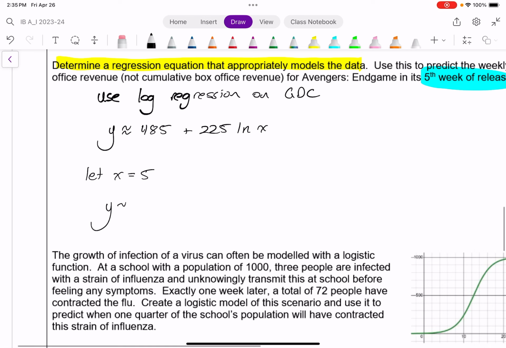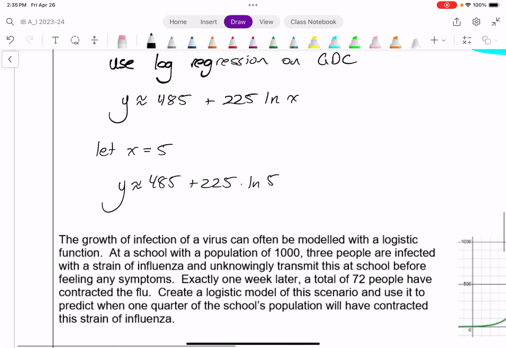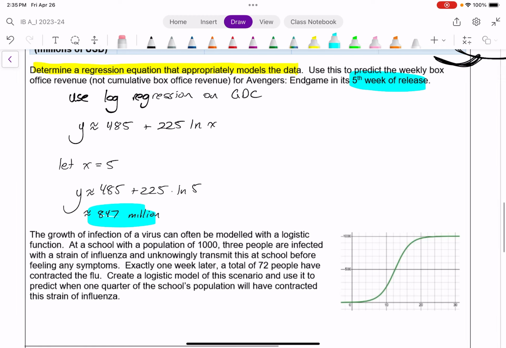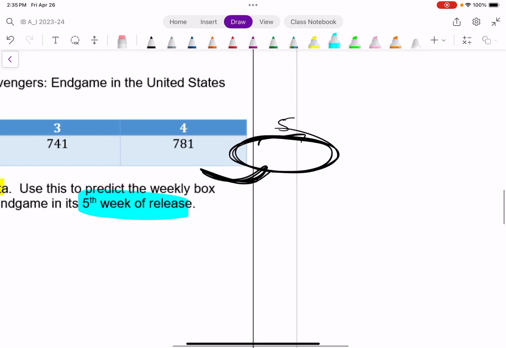And so y will be approximately 485 plus 225 times the natural logarithm of 5. Or even better, use the values that are on my calculator. And you should get about $847 million. So that's cumulative. So that 847 is not my answer. 847 is my prediction of what would go right here.